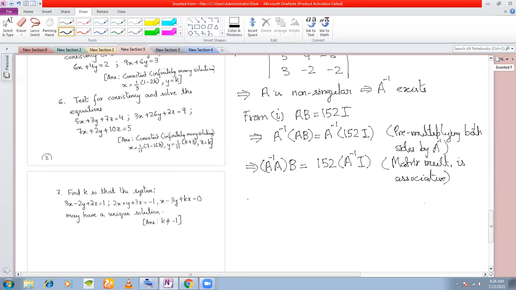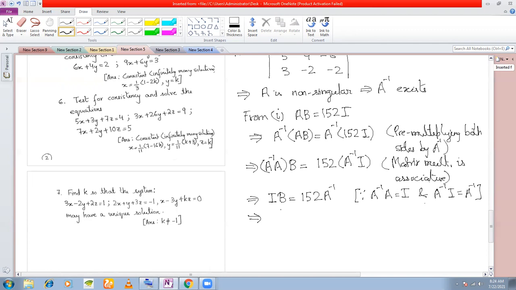Okay. Next, A inverse A, you know, is the identity matrix. IB is equal to 152. A inverse I is simply A inverse. Why? Because A inverse A must be equal to I, and A inverse I is equal to A inverse. Any matrix multiplied by the identity will give you back the matrix, right?